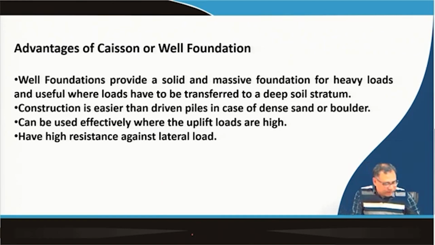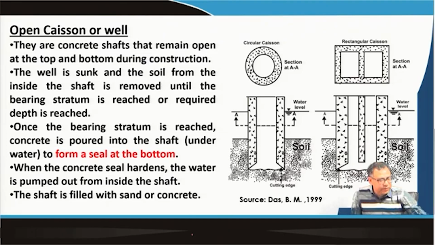So, now this well foundation can be of different types. First one is the open well or the open caisson. Here you can see the plan and the cross section. This is a circular caisson and this is a rectangular caisson, and here this is a section.